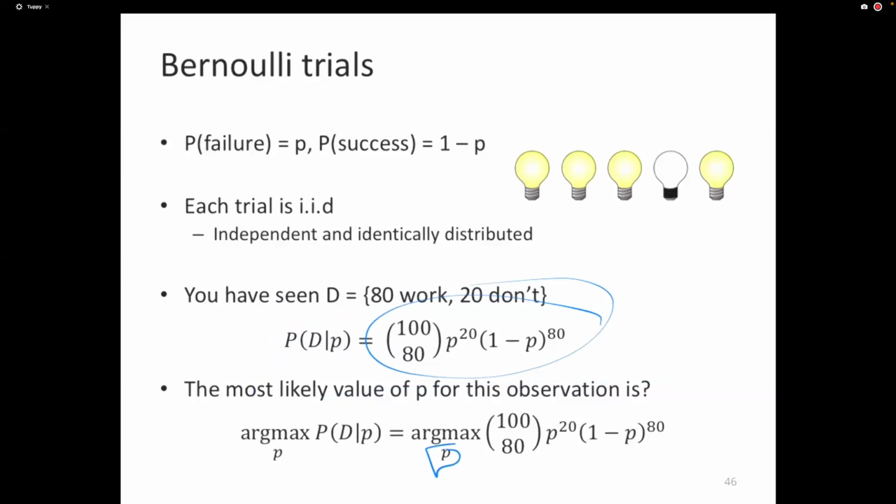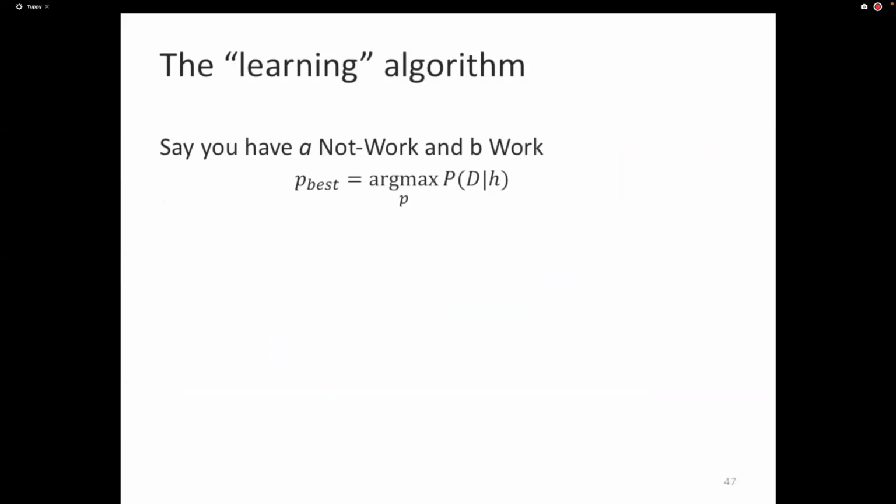I can solve this for this expression, but let's make it a little bit more general. Rather than 100 trials with 80 and 20 working or not working, let's say we've done A plus B trials, where A light bulbs don't work and B of them work.